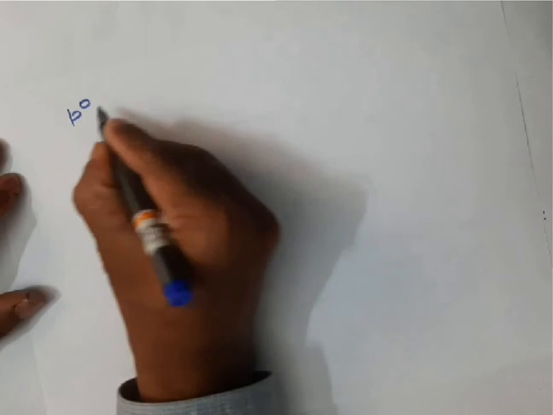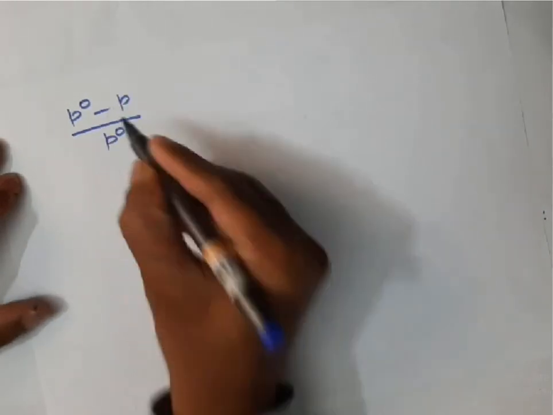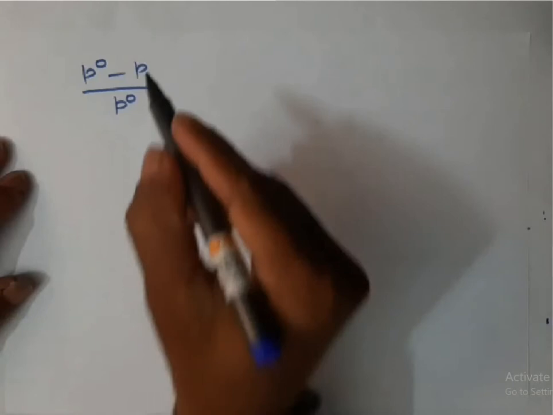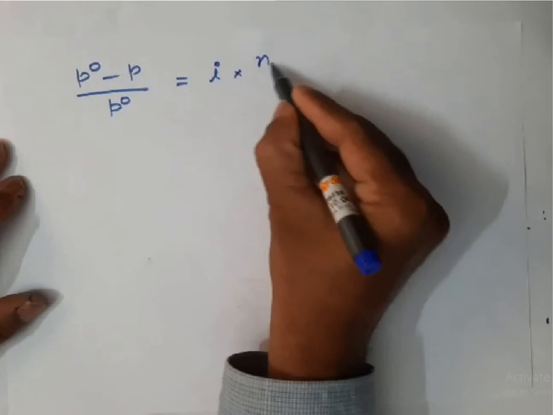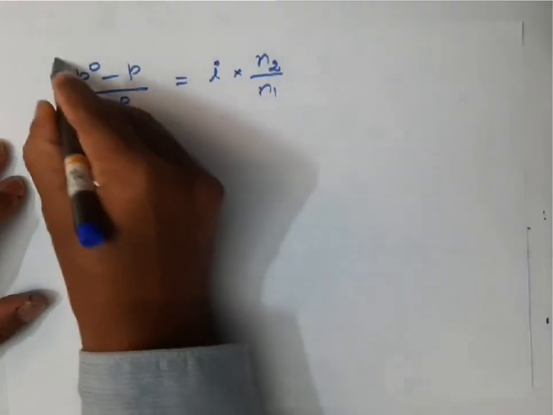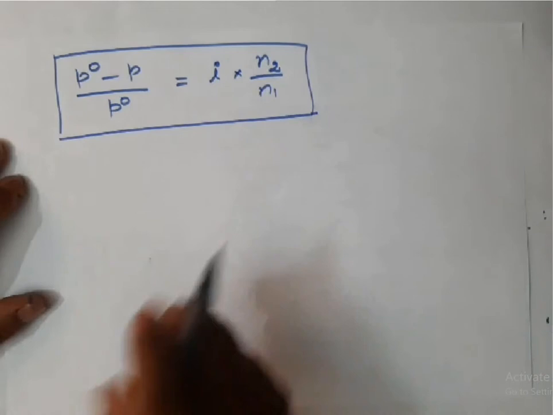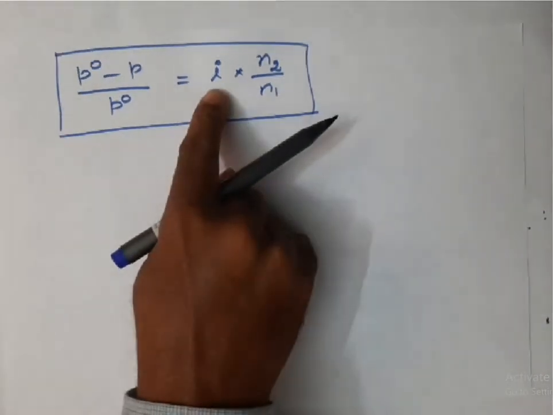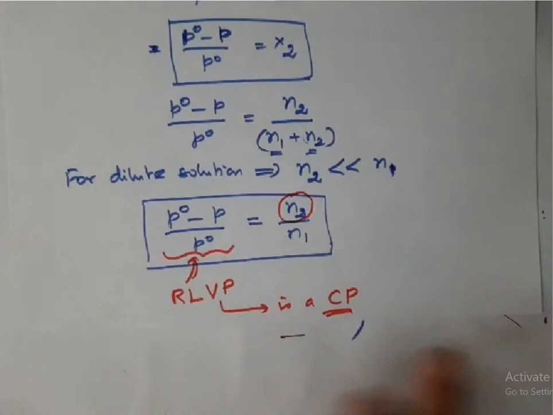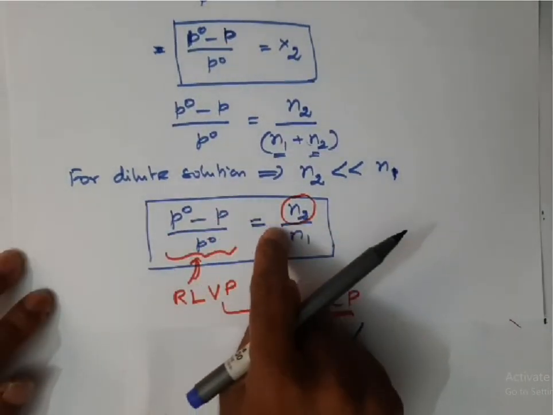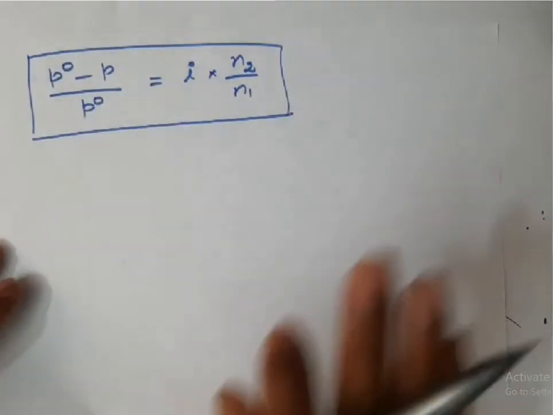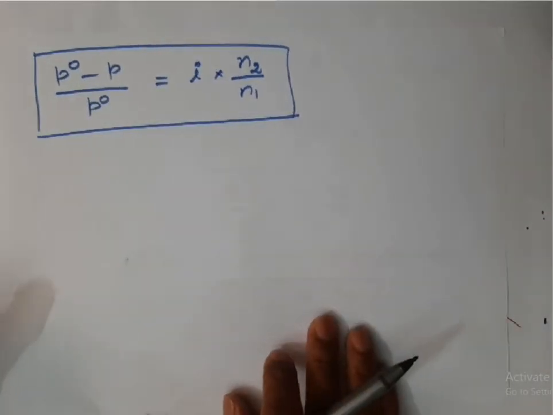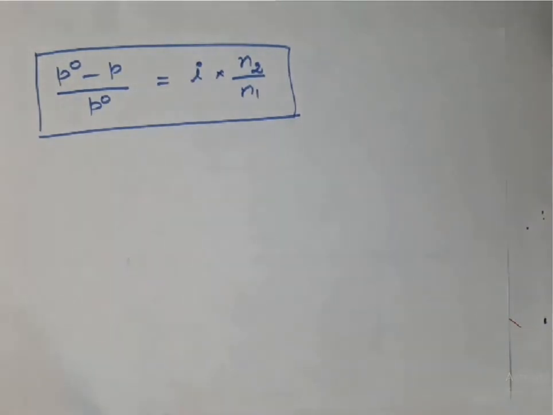P naught minus P by P naught, called relative lowering of vapor pressure, is equal to I into N2 by N1. I am using the same expression, but I have introduced a new term here, I. This is applicable for all types of electrolyte. Keep this in mind. Take note.